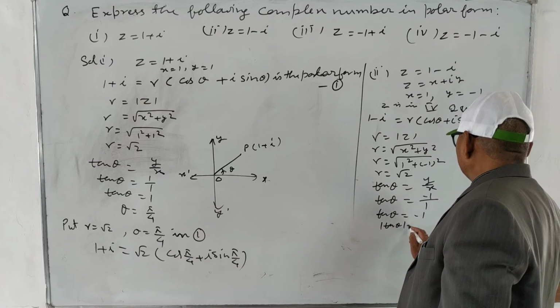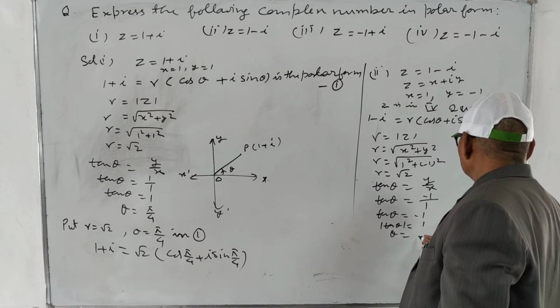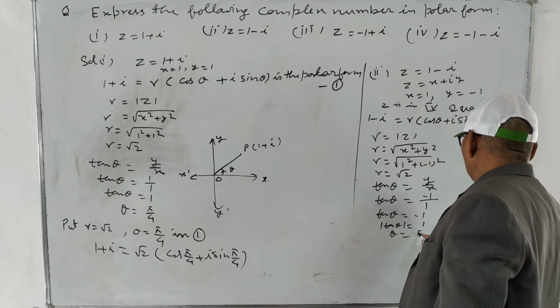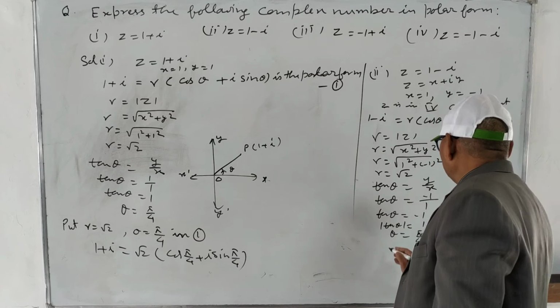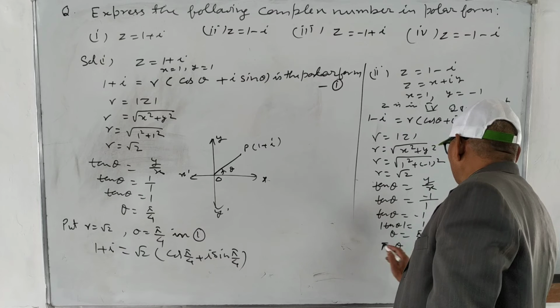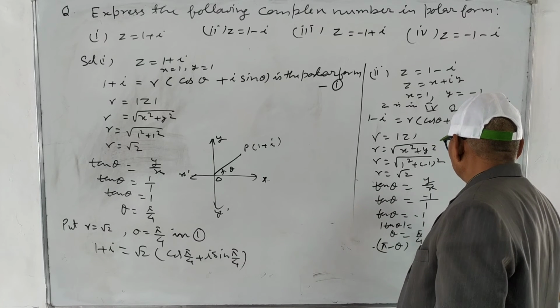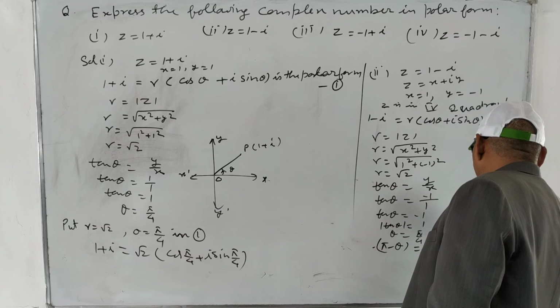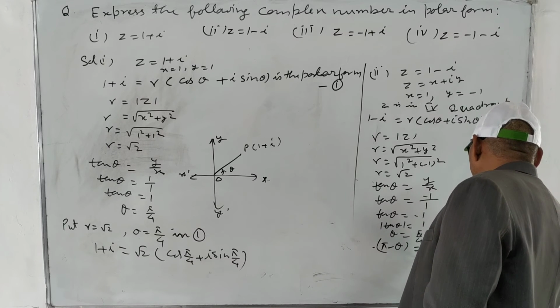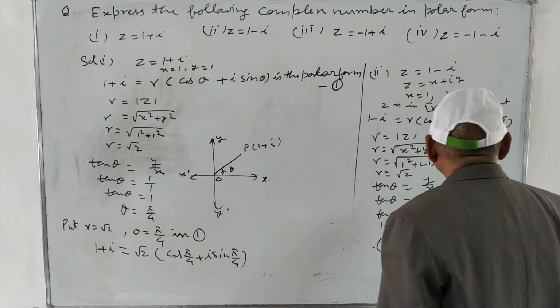Mod tan theta is equal to 1. Theta gives pi by 4. Now, in place of this theta, you have to take pi minus theta, so that is equal to minus pi by 4. This is equal to minus 3 pi by 4. So your theta is minus 3 pi by 4.